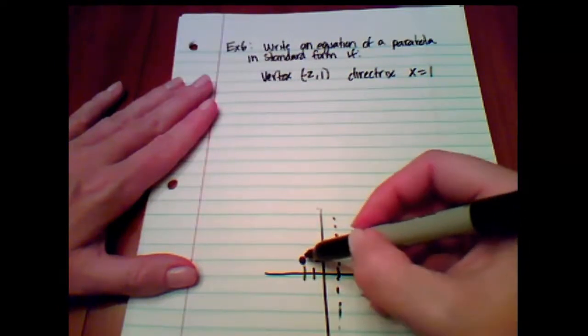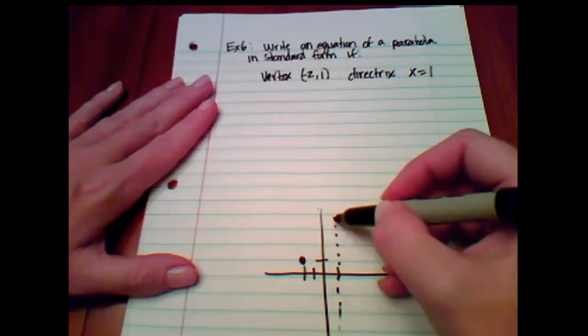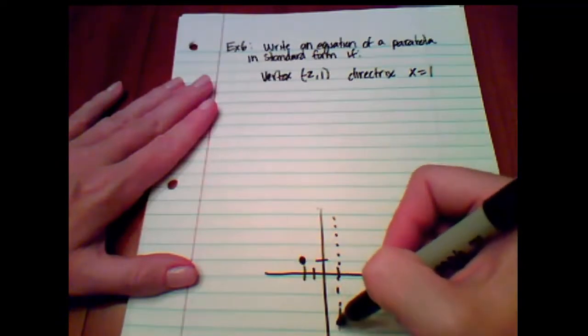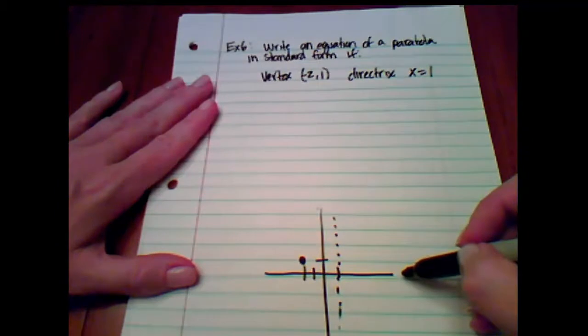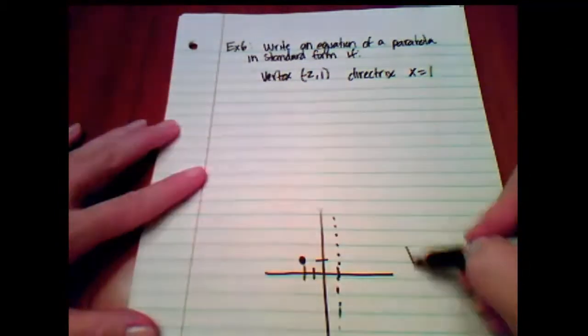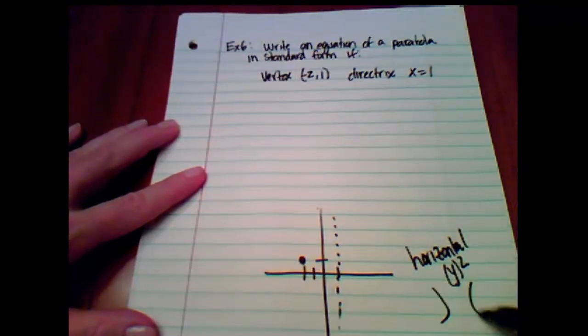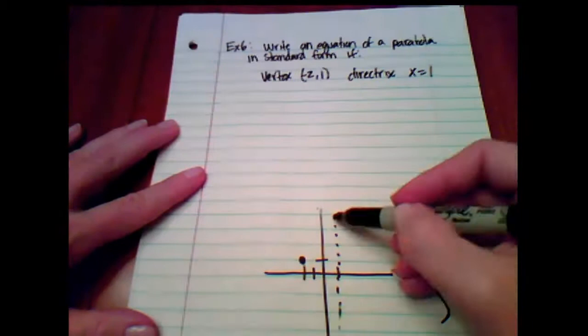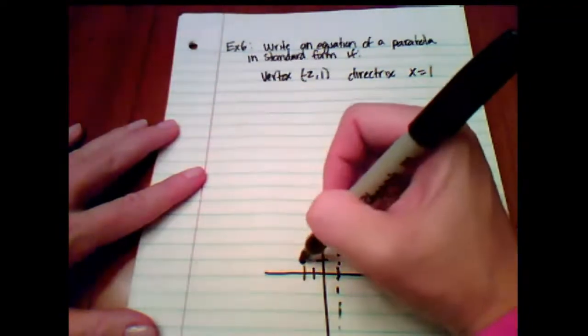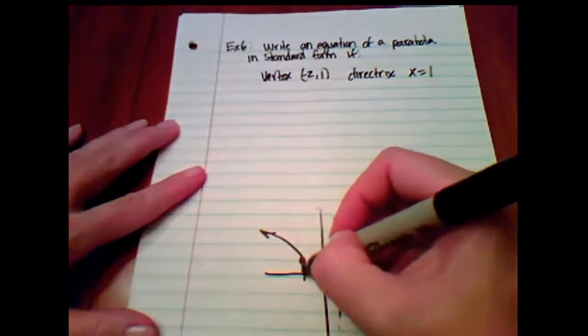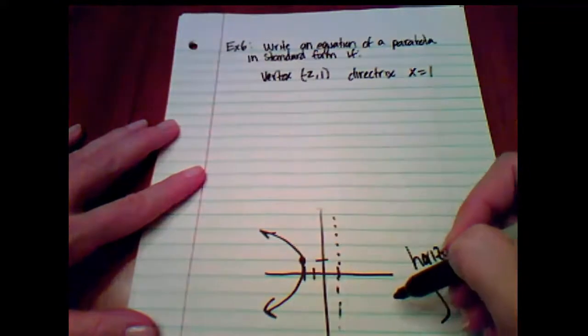So this is what this tells me. Obviously, because my directrix is vertical, I have to have a horizontal axis. If I have a horizontal axis, then that means the y values are being squared. It means it's opening up left or right. And because the directrix is to the right of the vertex, then this has to be opening up to the left.